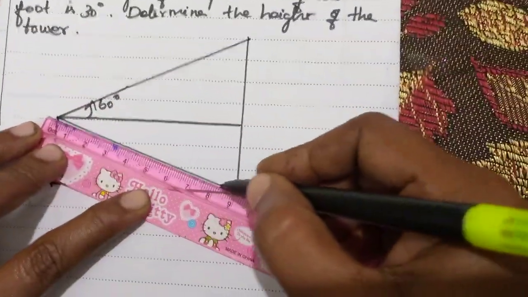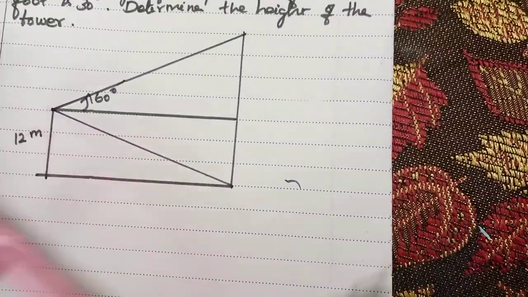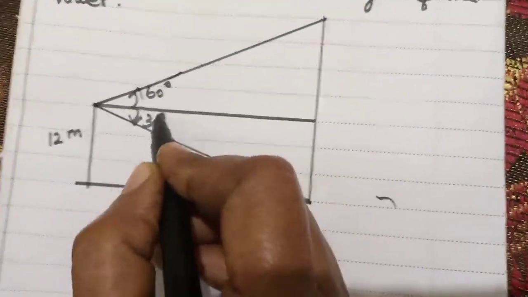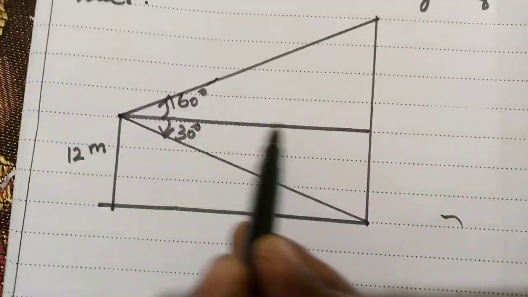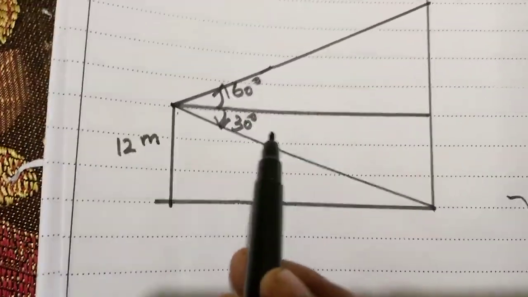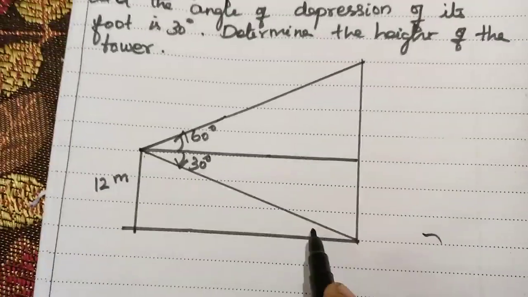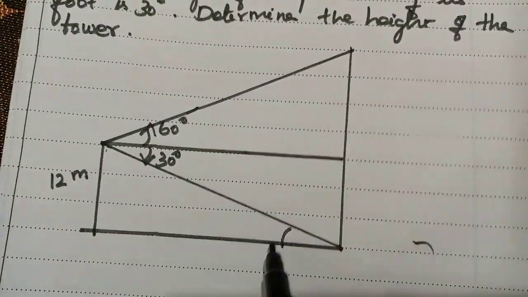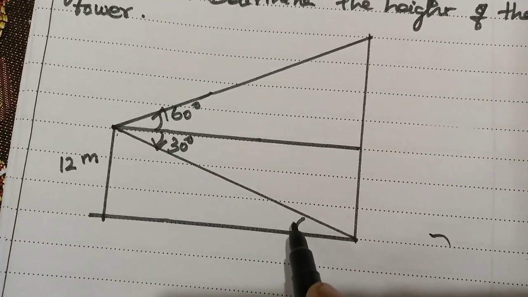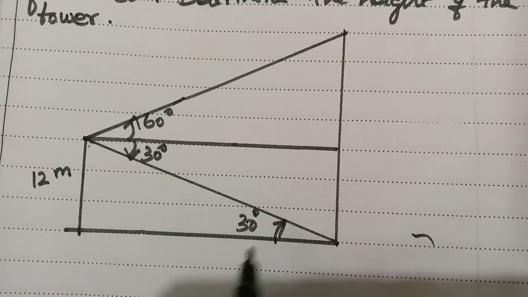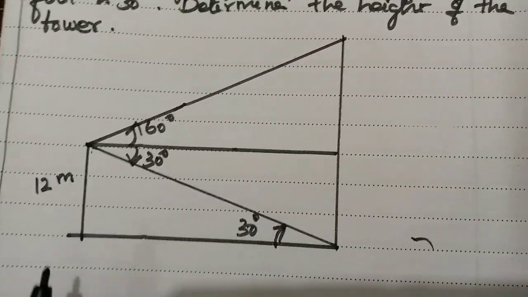It is given as 30 degrees. Now, see this Z shape. This Z shape, the angles inside it, are alternate angles. Alternate angles will be equal. So, this one can be given as 30 degrees. Both will be equal.